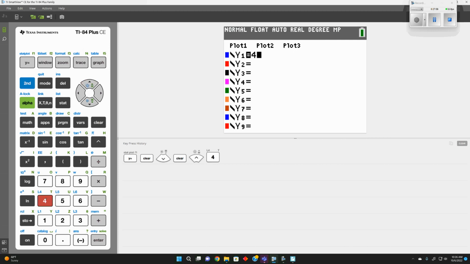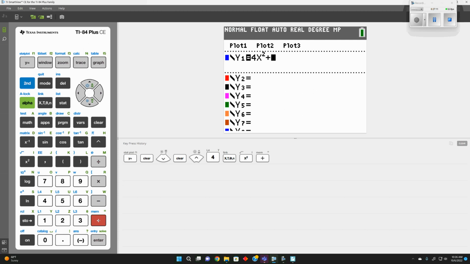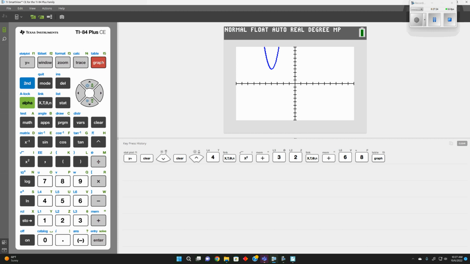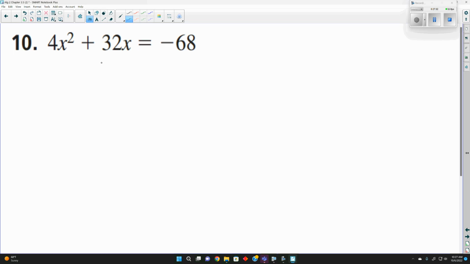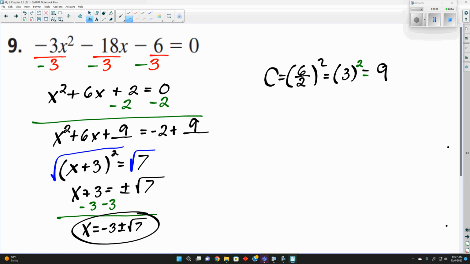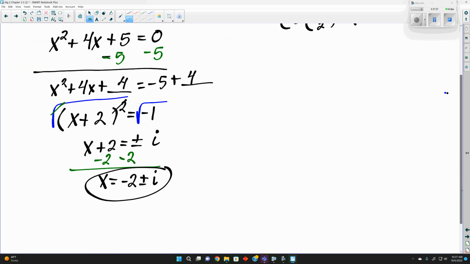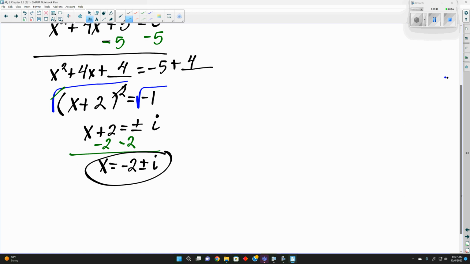We have 4x squared plus, because it was equals negative 68, so we would add it over to get it equal to 0. It doesn't cross at all. What that tells us is that the answers for this are not going to be real. This has no real answers, but negative 3 plus or minus i is the solution.